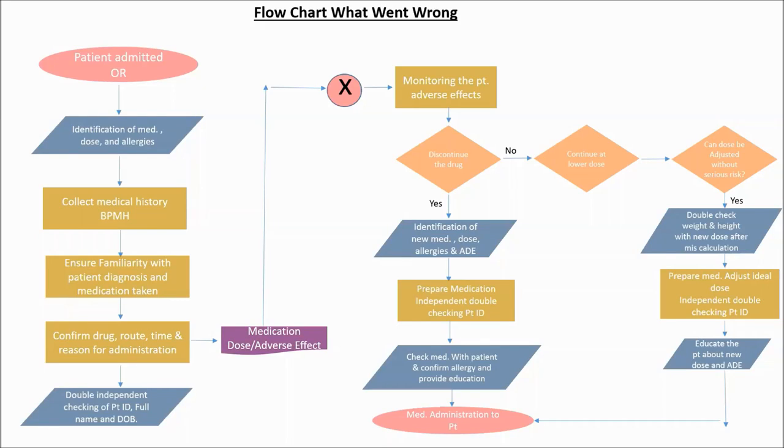This is the time to educate the patient about the new dose. If the medication is discontinued, then identification of the new medication, the dose, the allergy, prepare medication, independent check again, check the medication again with the patient, and then you carry on to administer.